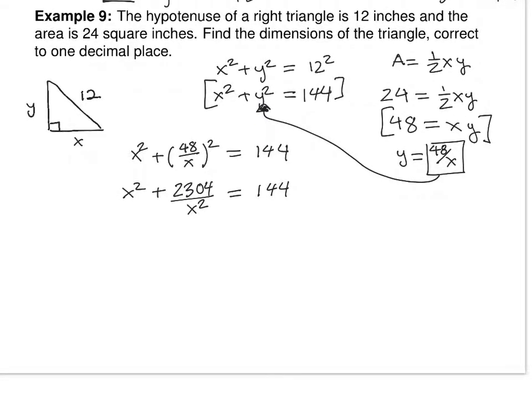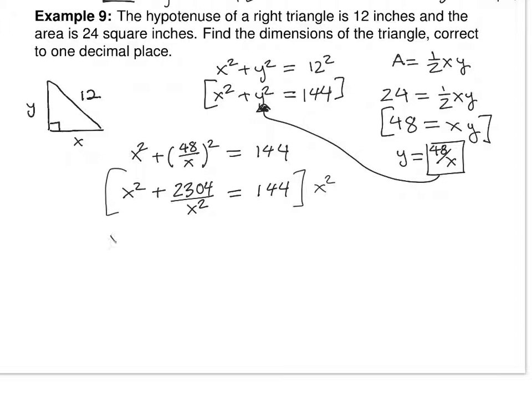Okay, so moving on with this equation, since you have a fraction, how might you deal with it? Multiply by x squared. Does that make sense? So I can just take this whole equation and multiply by x squared. It's going to be the same thing as getting a common denominator, right?